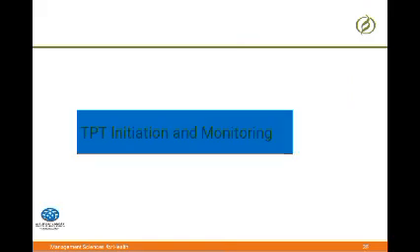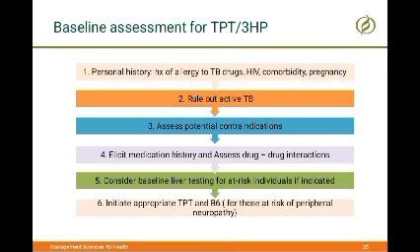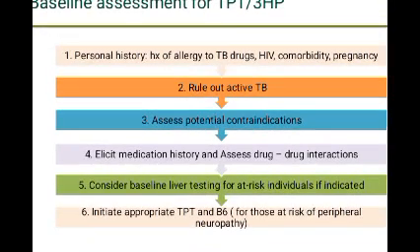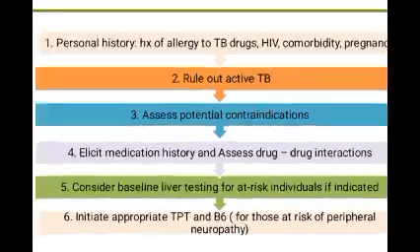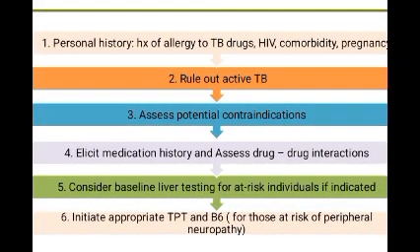TPT initiation and monitoring. Baseline assessment for TPT or 3HP: 1. Personal history of allergy to TB drugs, HIV, comorbidity, pregnancy. 2. Rule out active TB. 3. Assess potential contraindications. 4.